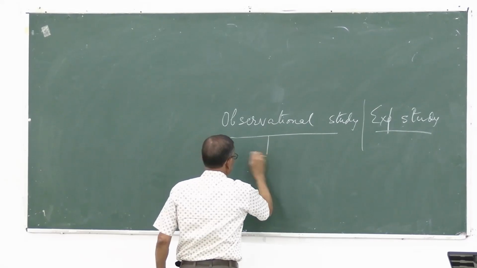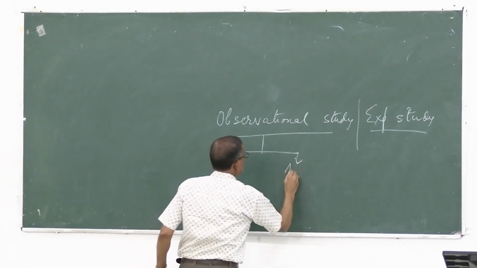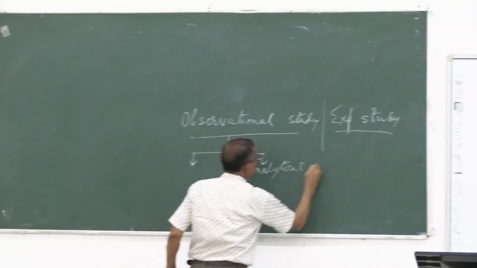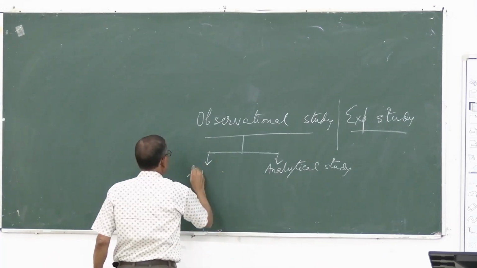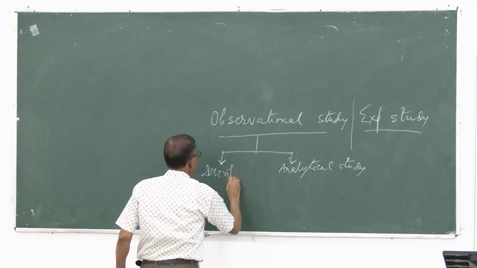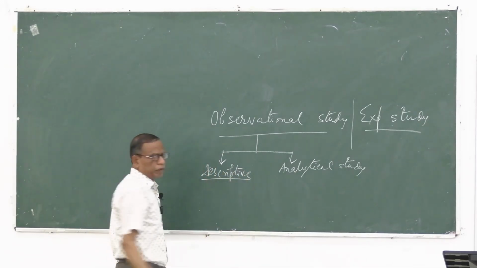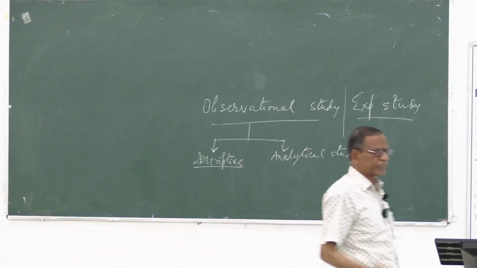Observational study again is of two types: one is analytical study, another is descriptive study. In the previous class, I discussed in detail about descriptive study.